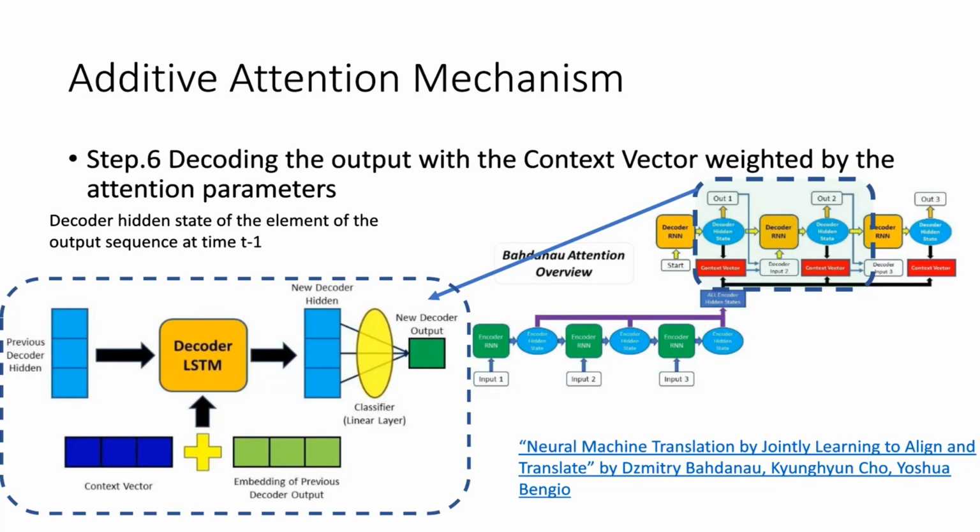Okay, so once you have this, we have the context vector here, which includes all the information. And this is the embedding of the previous decoder step. Always remember, we're talking about time sequence. So you always have the embeddings from your previous time steps in the output sequence, right? Like comment se passe la journée.